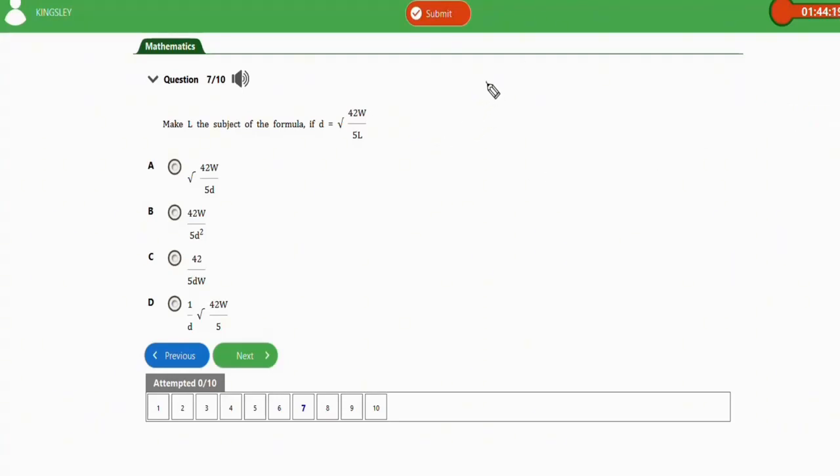We have d equals square root of 42w over 5l. So this equation, guys, we are asked to make L the subject of the formula. To begin to solve this, we're going to square both sides, remove the square root. When you square both sides, this square cancels the square root.